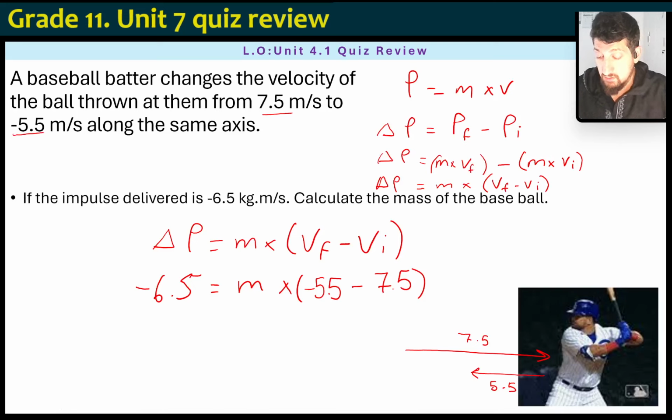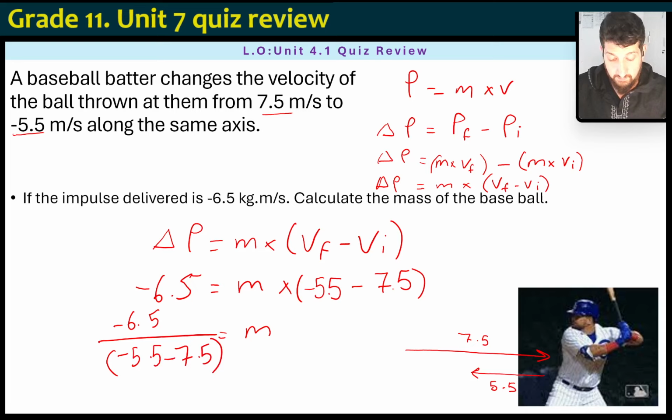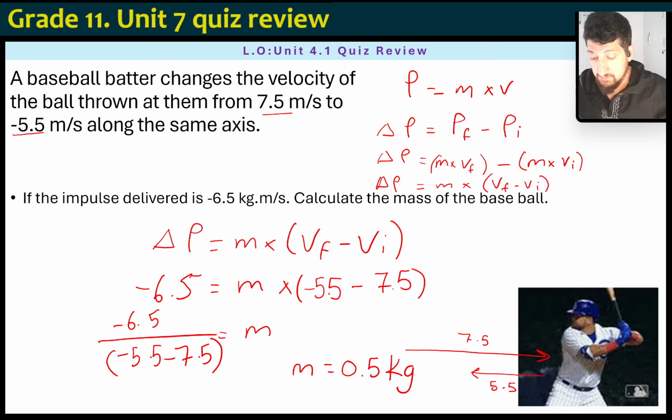I can go, m, or the mass, is equal to negative 6.5 over negative 5.5 minus 7.5. And so the mass is equal to 0.5 kilograms. That's the answer.